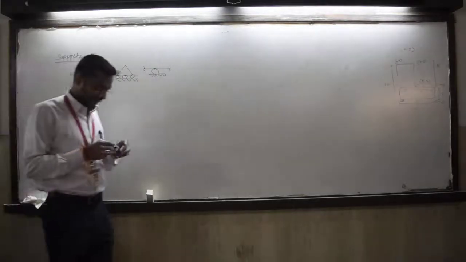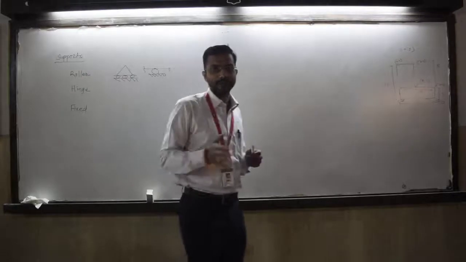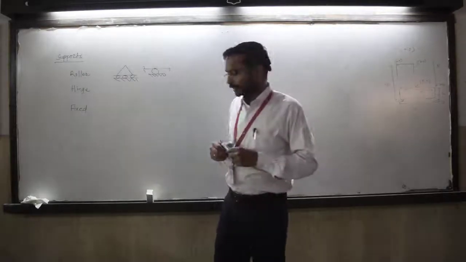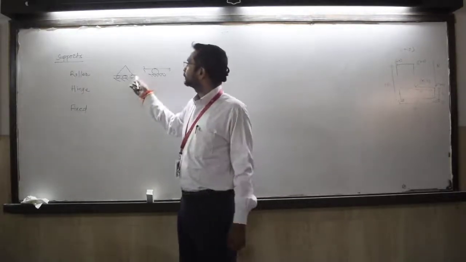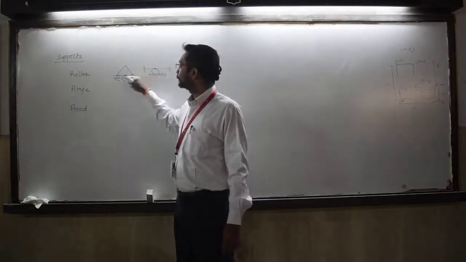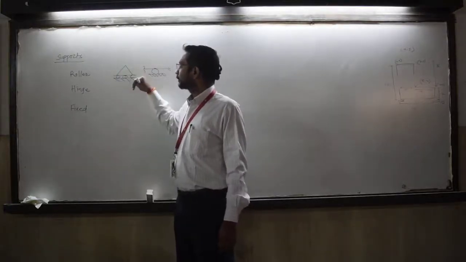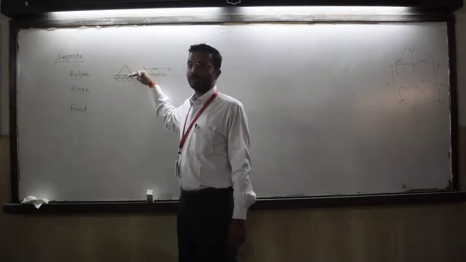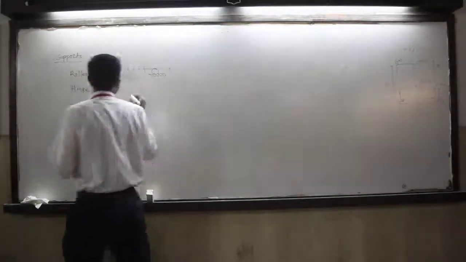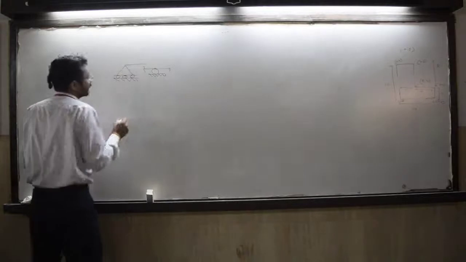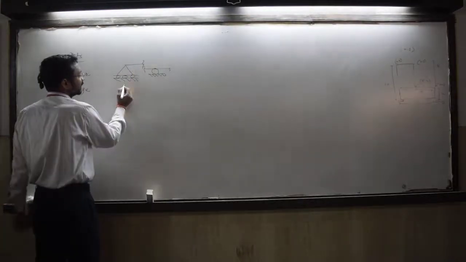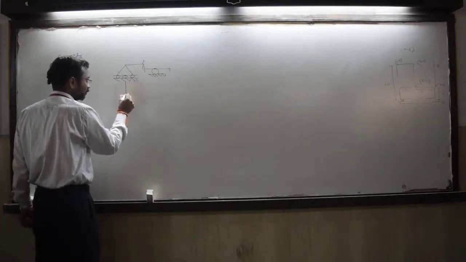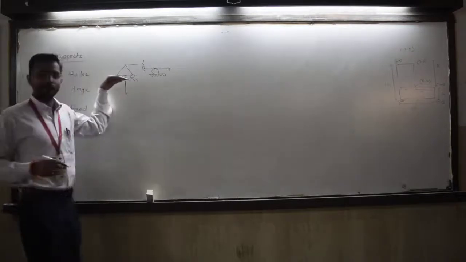Now roller, as the name suggests, involves rolling. So this particular support allows movement along the roller plane. If the member is supported like this, it is not allowed to move in this direction because there is a support provided.